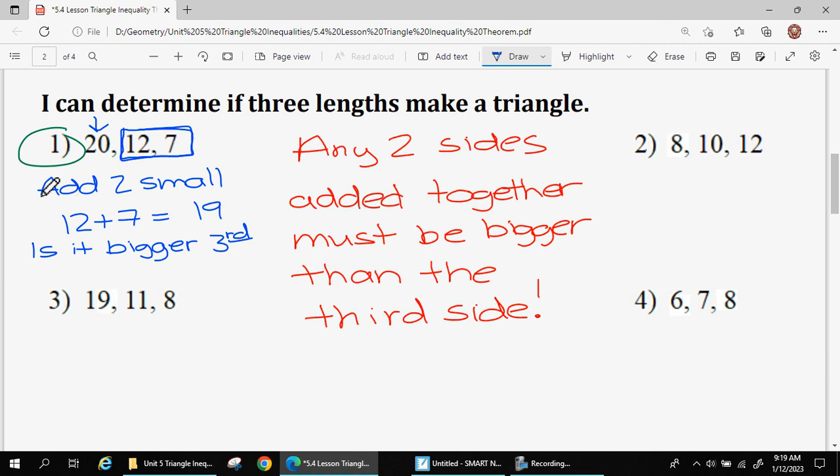So we add the two small sides, that's the first step. 12 plus 7 is 19, and then we ask ourselves, is it bigger than the third? Is 19 bigger than 20? And if the answer is yes, then you can say, yeah, we can build a triangle using these three sides. If the answer is no, then we wouldn't be able to make a triangle.